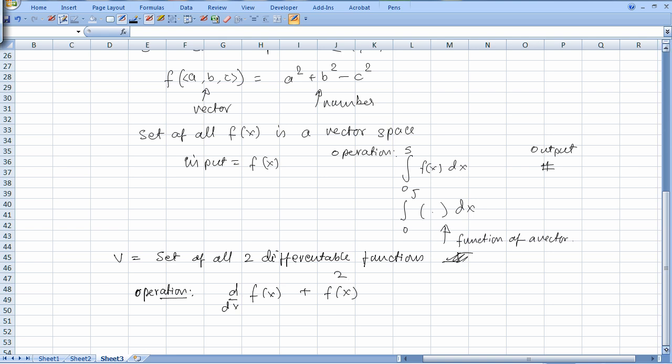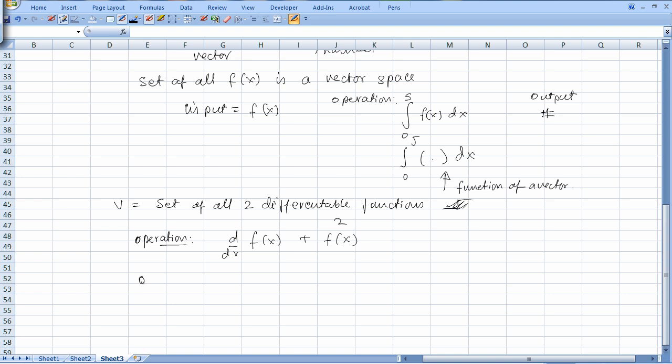Okay, if I do this, my output will be another function which is in the set of all one differentiable functions.